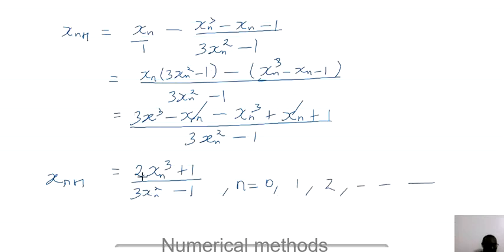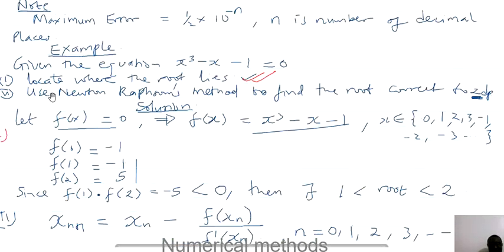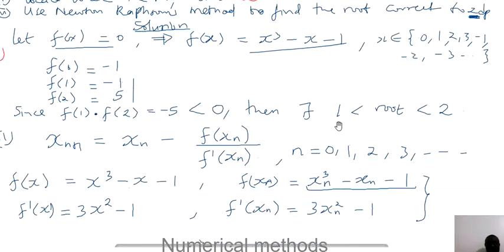Next, we are supposed to use this Newton Raphson's method to find the root. Use the Newton Raphson method to find the root correct to 2 decimal places. Now we discovered that the root actually lies between 1 and 2. That's where the root lies.